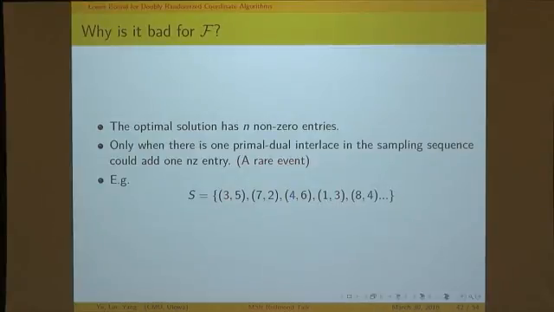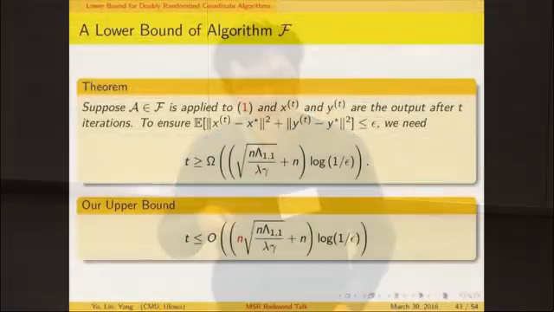Only when we first sample one index in the primal, and later on sample another index in the dual, and they coincide with this one, can we increase one non-zero of the solution. And we prove that's non-trivial. We show the probability of this, and it is a very rare event. We will skip the technical details here, and show the result as follows.